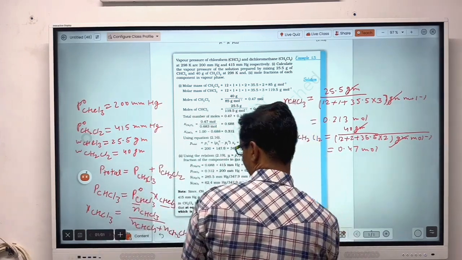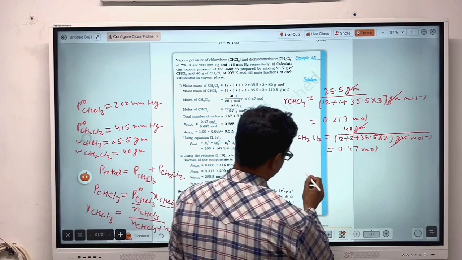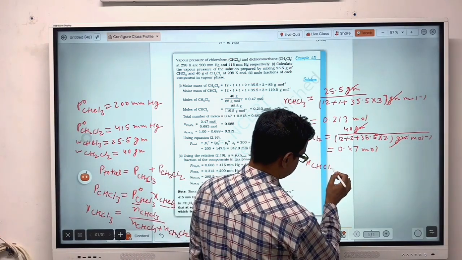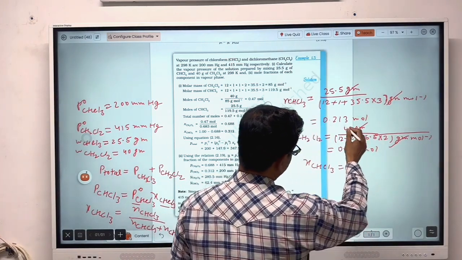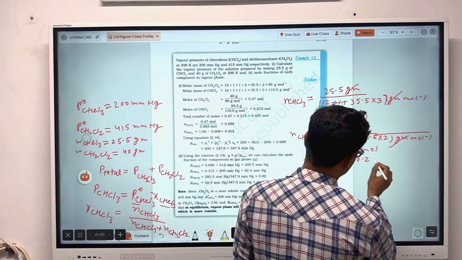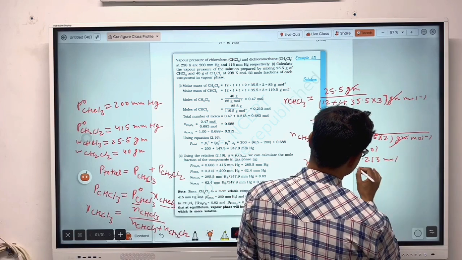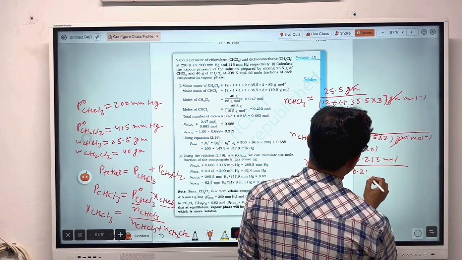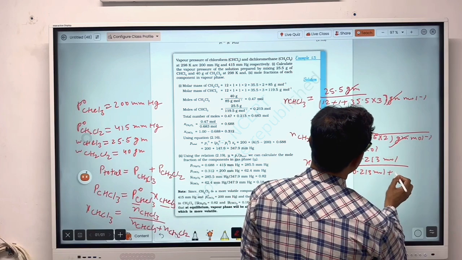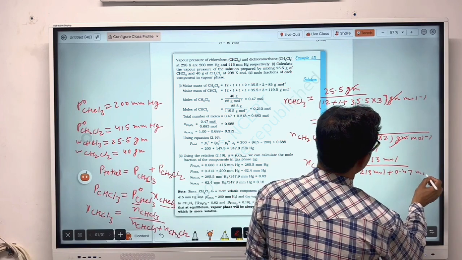So now find the mole fraction. The mole fraction of chloroform will be equal to 0.213 mole upon 0.213 mole plus 0.47 mole.